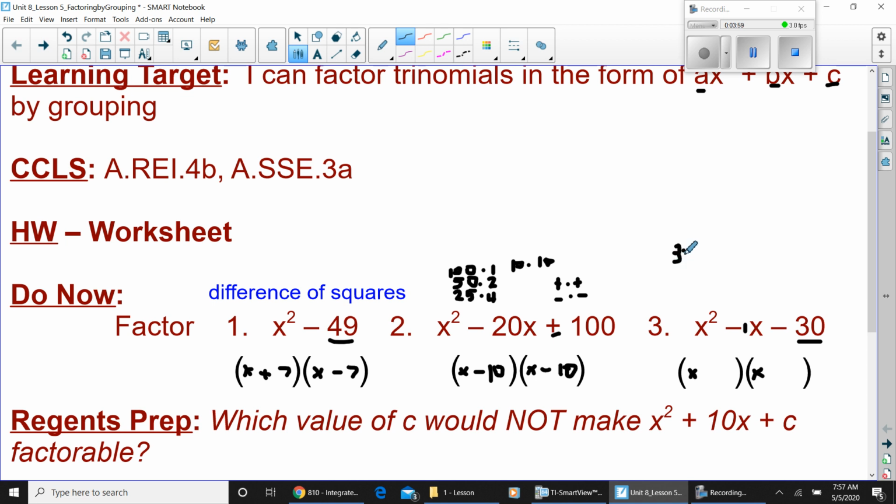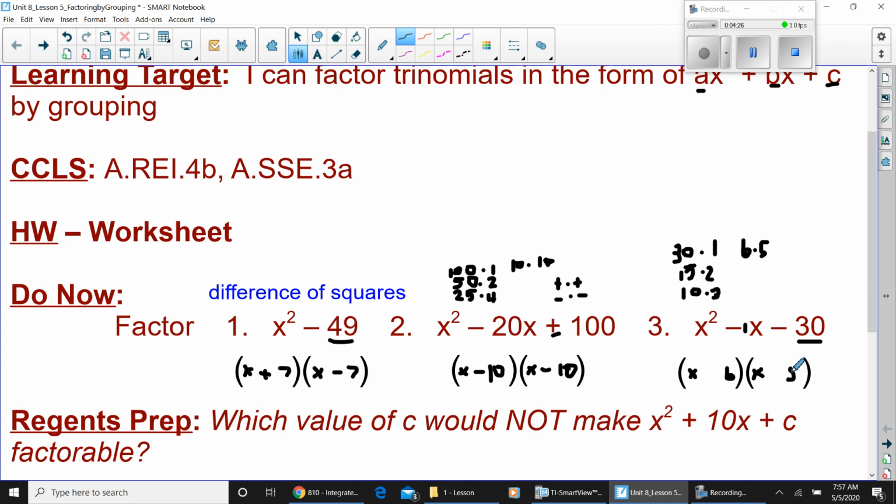I know 30 times 1 will not make 1 if I add or subtract them. 15 times 2 is not something that you could use at all to make 1. 10 times 3 cannot be used to make 1. And then 6 times 5 can be used to make 1. So I'm going to put that down, 6 and 5.